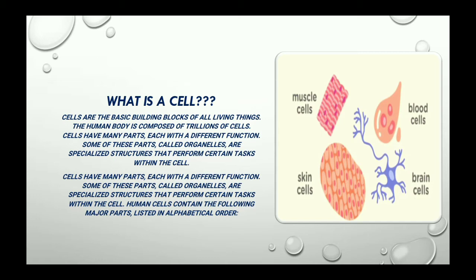Human cells contain the following major parts listed in alphabetical order. Some of these parts we are going to study in this chapter, and the rest we will study in later classes.